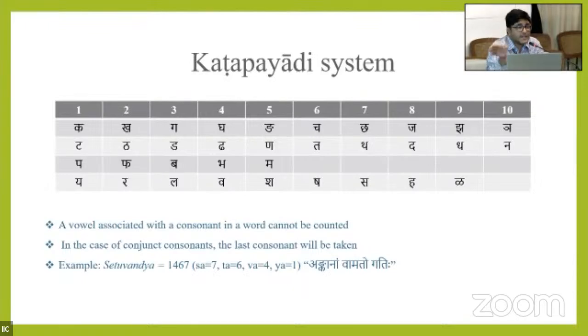So sa, the dental sa, we have 7, ta we have 6, and va we have 4, and we take ya, so it is 1. And like Ankanam Vamato Gatih, it's a system where we need to reverse the numbers, and it would be like 1, 4, 6, 7.